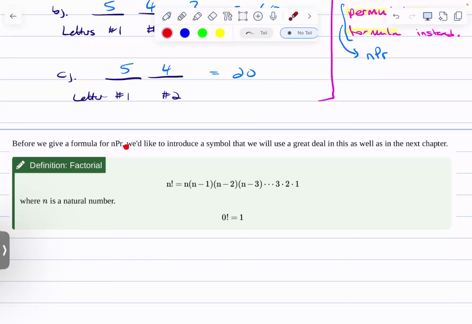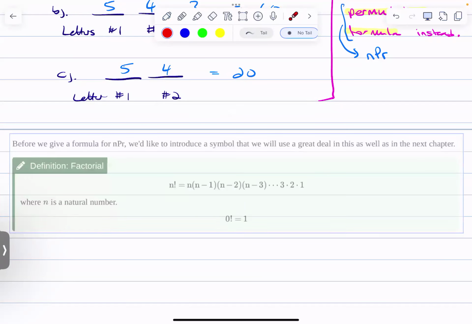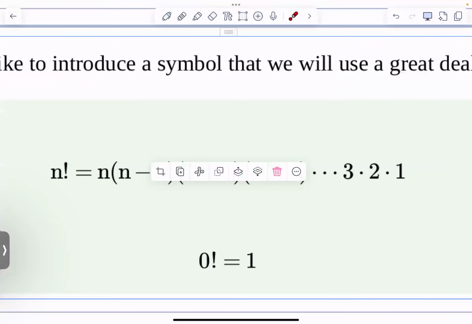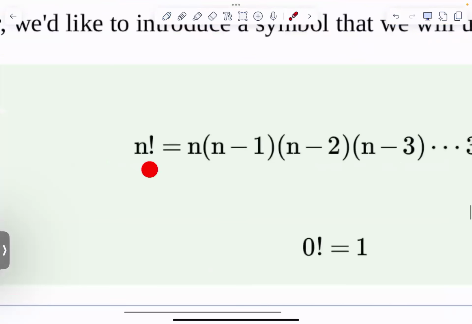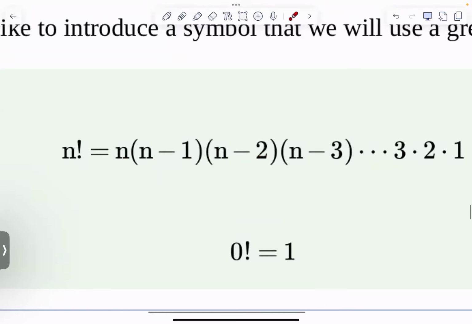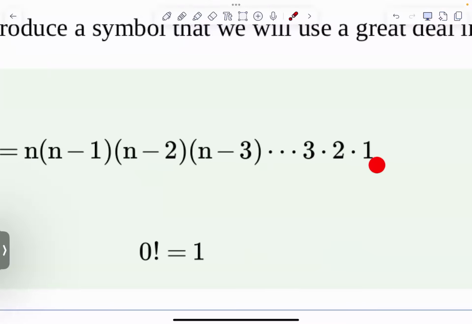So before we give the formula for nPr, we have to introduce the factorial. We've already seen it, so we're not really introducing it, but here we are introducing it officially. In general, n factorial is n times n minus 1 times n minus 2 times n minus 3 times dot, dot, dot, all the way until you reach 1.